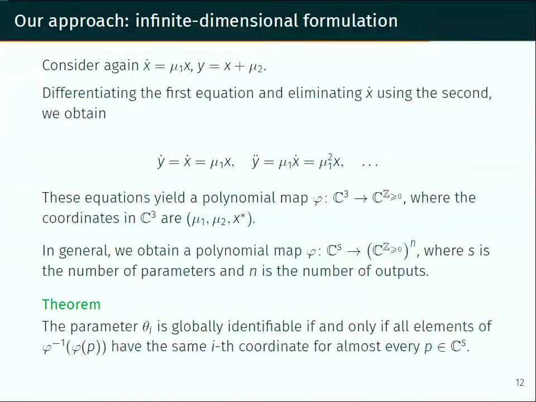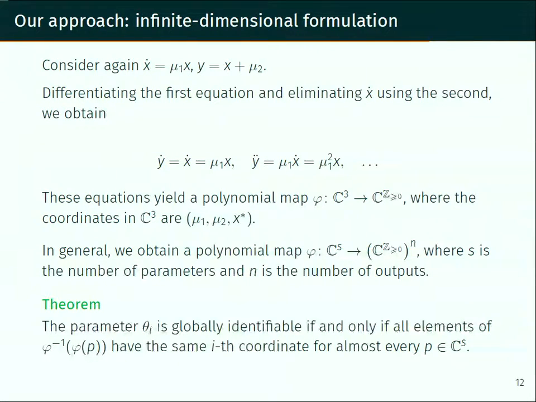So the parameter is globally identifiable if all elements of this set have the same ith component. What is this set? Just slow down and let people read it. So phi is my map from parameters to y's, and this set, inverse phi of p, is actually the set of parameters that will generate the same y's, roughly speaking.